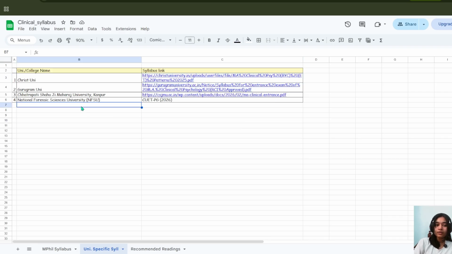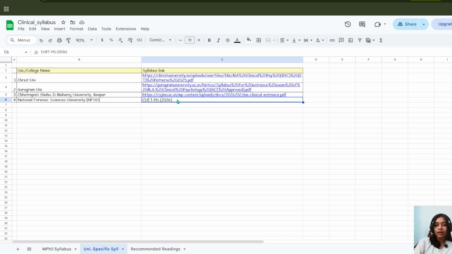NFSU has declared that they would be selecting their MA clinical students from CUT PG. So this chance has already gone for those who haven't attempted it. But for those who have, wait for the results. And if you want me to add any specific universities here, pin it down in the comments, and I'll add that in the sheet as well.